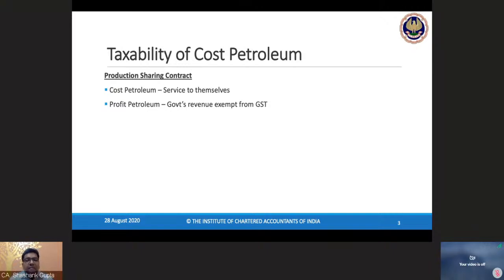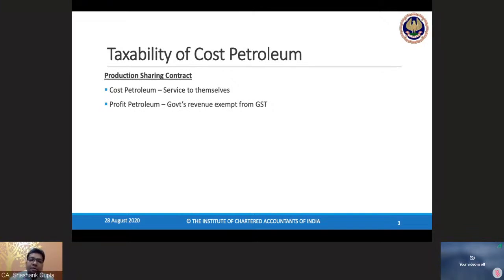Because it is something the oil companies are doing for themselves. Nothing is going to the government, and the government has given nothing to them. The government gave them the license to extract, and they paid the license fee. That's a separate chapter. But once the license is given and the company is recovering its costs, that is an activity they are doing for themselves, and hence there is no supply of service and it is not liable to GST.